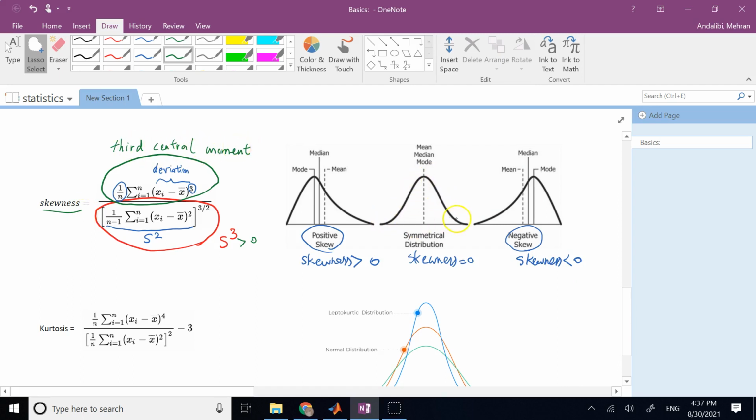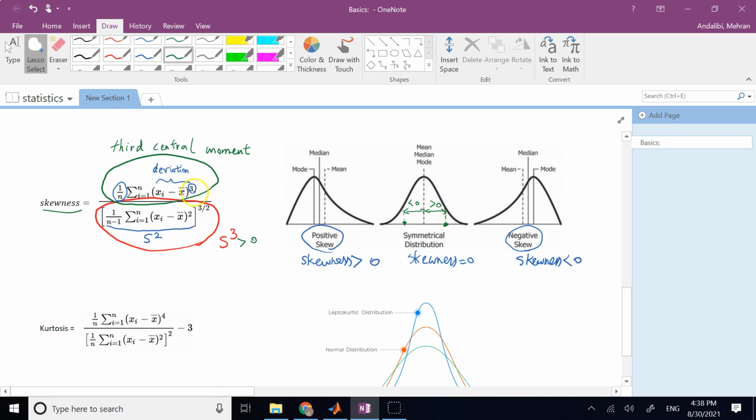If the data is perfectly symmetric, this moment is 0. Why? Because for any data on the left side of the average, there is a corresponding mirror image on the right side, where this deviation and this deviation, xi minus x bar, one of them is negative, the other one is the exact same value but positive.